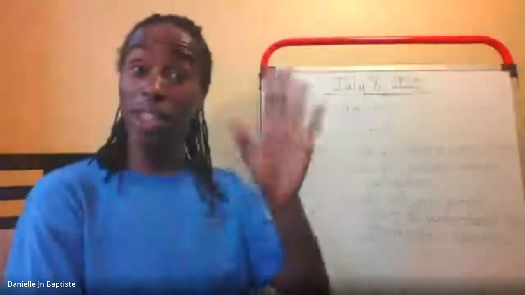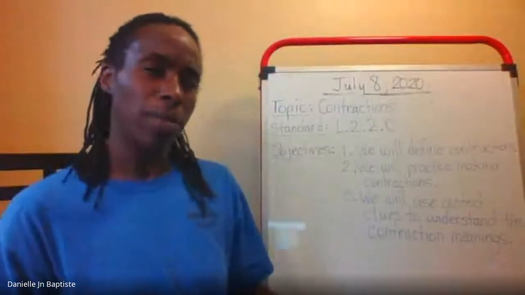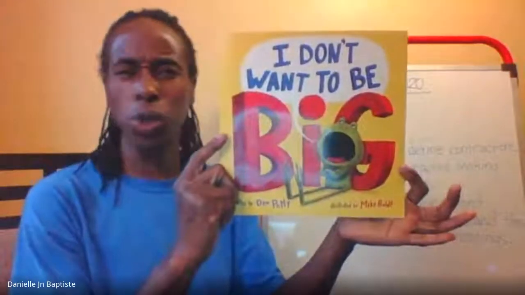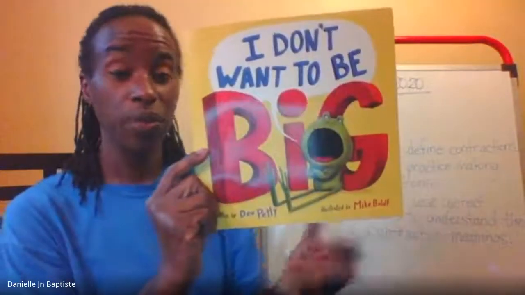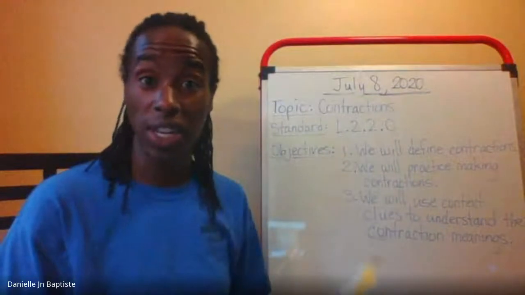So happy July 8th. And if you remember, we read this book already, which is I Don't Want to Be Big. Well, take a look at the title. I don't. The word don't is a contraction.